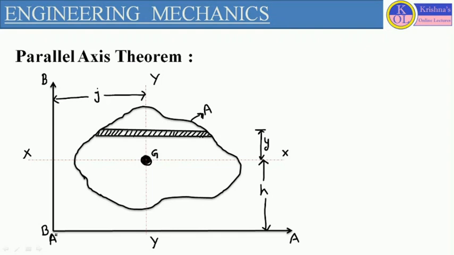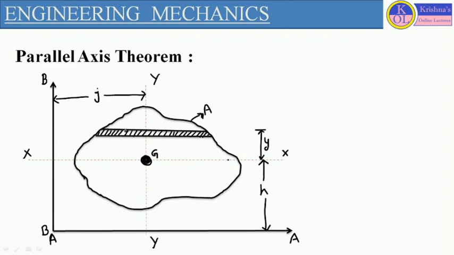Now here we are considering two more axes, axis AA and axis BB. So this AA is parallel to XX and this BB is parallel to YY. The distance between this XX axis and axis AA is h, and the distance between this BB axis and YY axis is j.